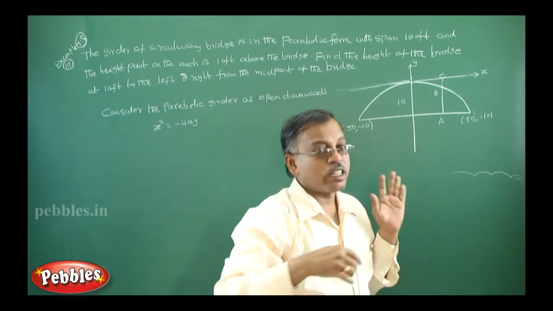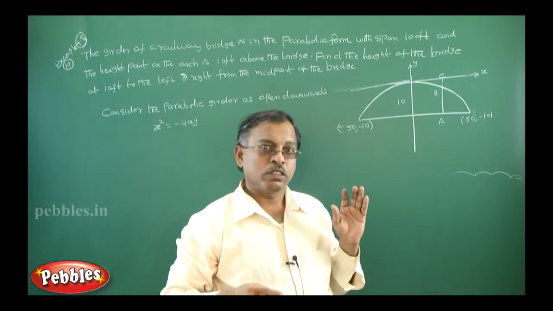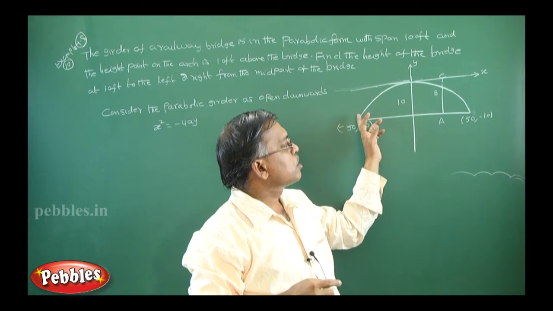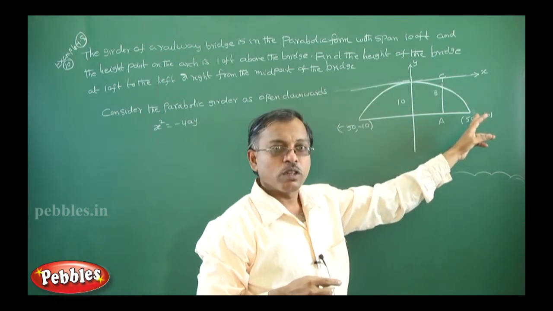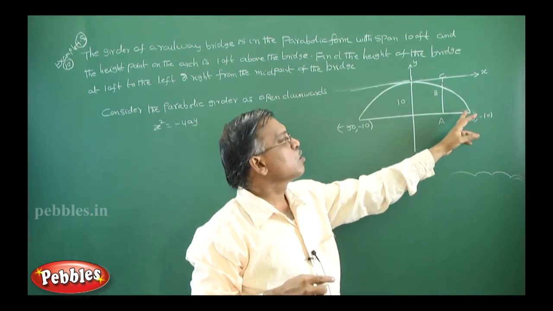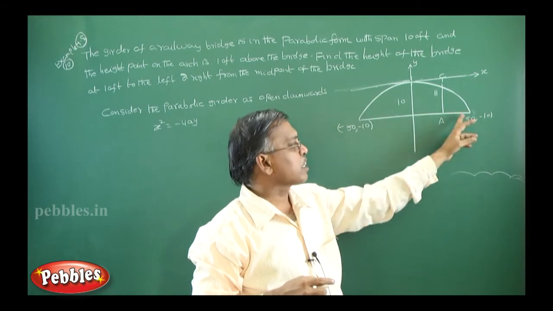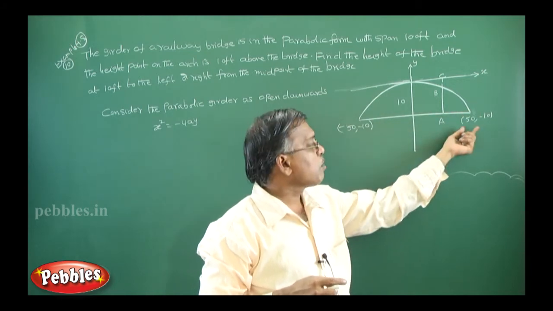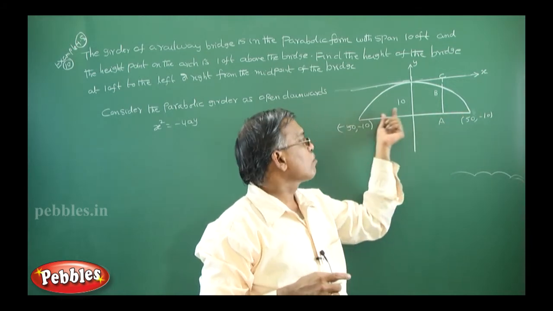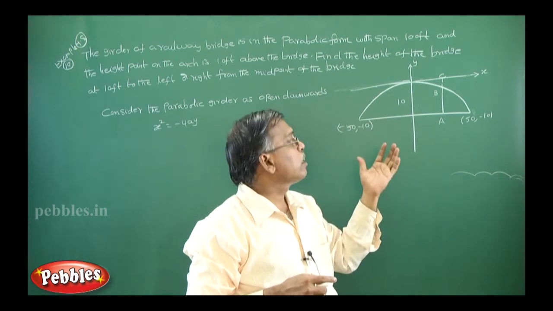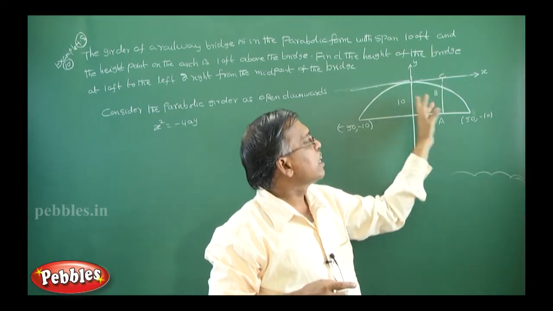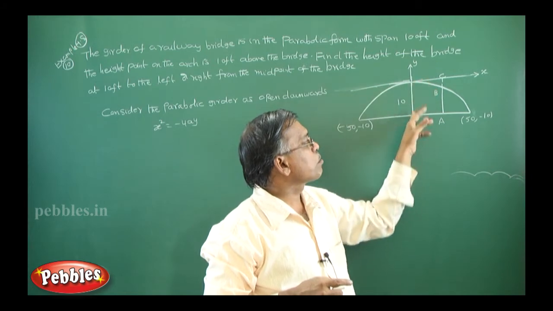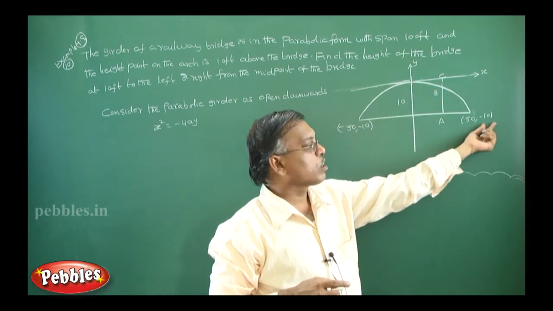So first you need to understand the diagram clearly. First you take the shape of the girder as a parabola which is open downward like this. Next use the horizontal span as 100 feet, so half of the value this side, half of the value this side. The length from the center is given as 10, so that is your y coordinate.